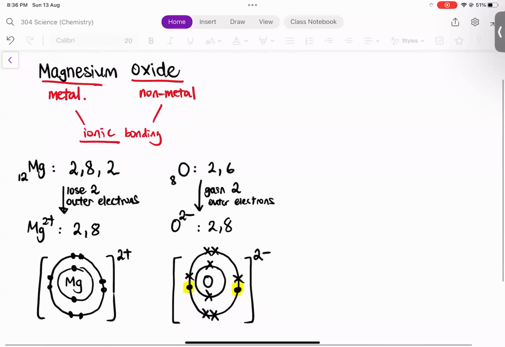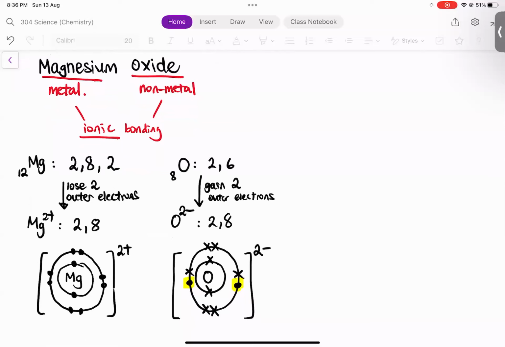Now, this summary we have already done in class. In class, I made you actually draw out the dot and cross diagram for magnesium oxide. We said that magnesium oxide is an example of an ionic compound. This is because magnesium oxide is made of a metal, magnesium, and oxide, which comes from oxygen, which is a non-metal.